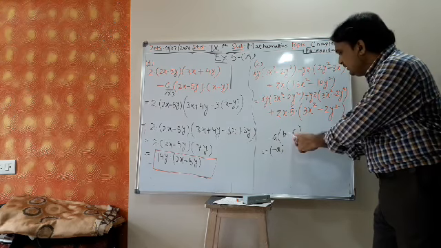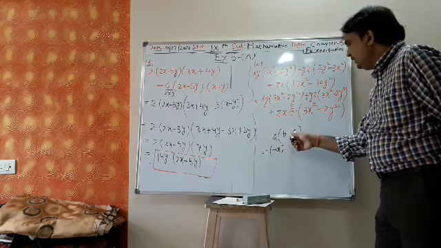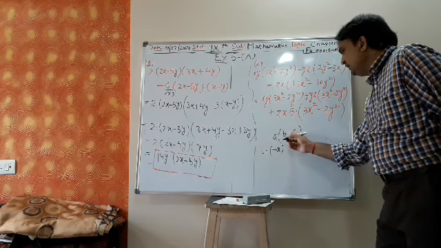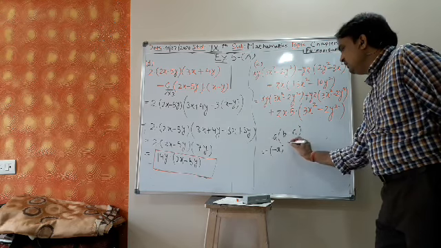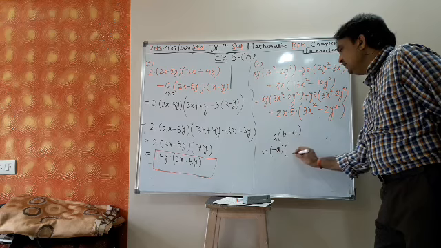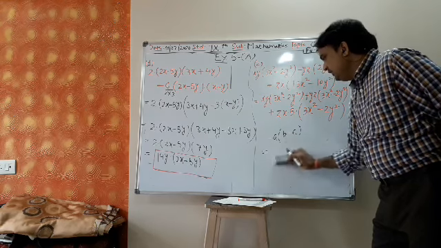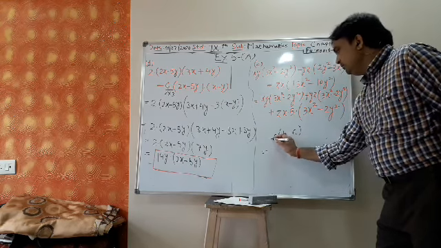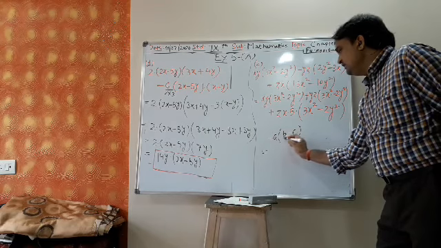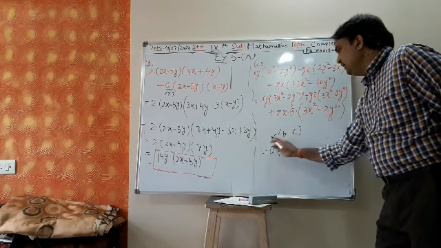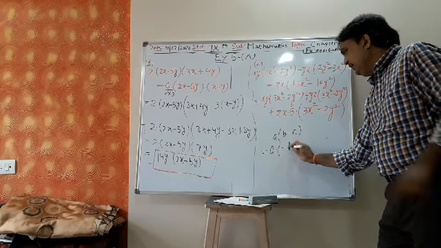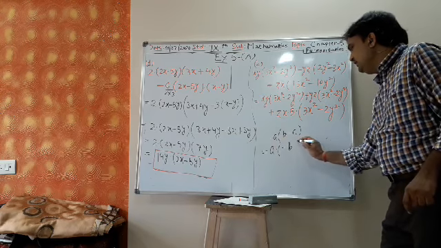When I am rewriting the term b minus c as c minus b, then I am taking minus outside. When you multiply minus inside, it becomes a into minus b minus minus plus c.